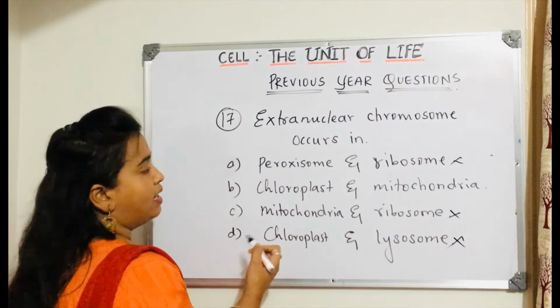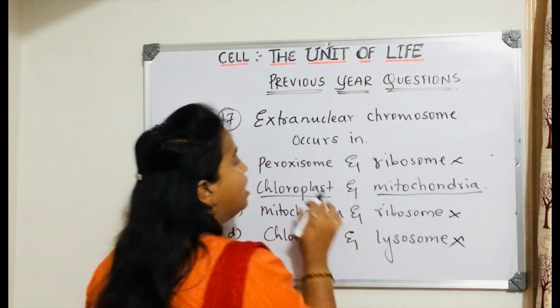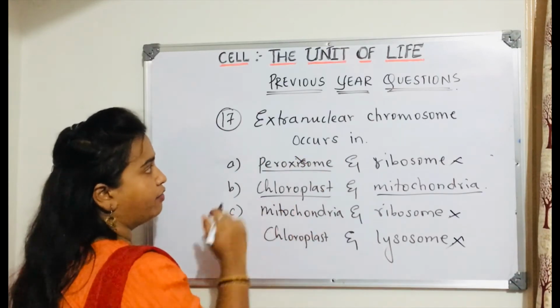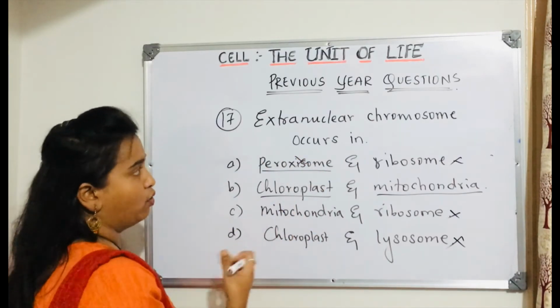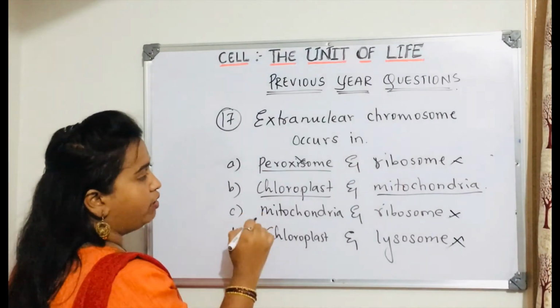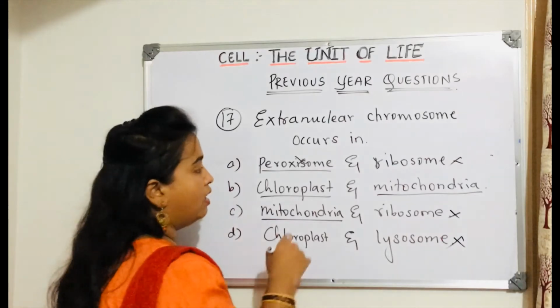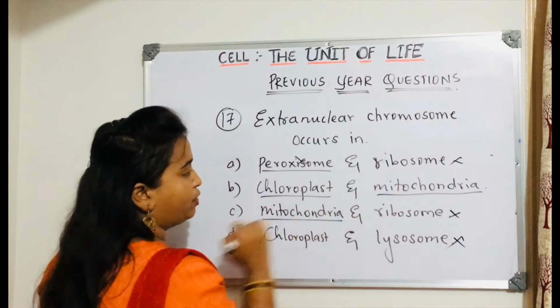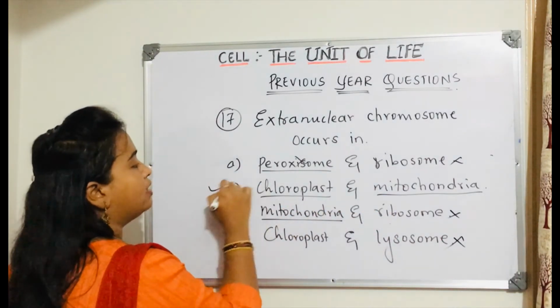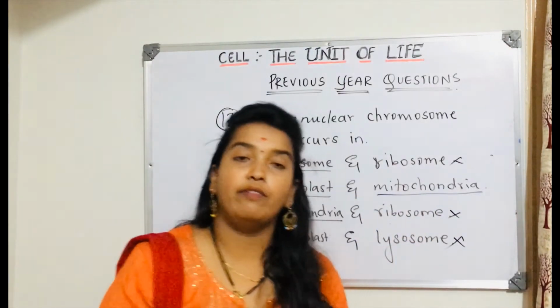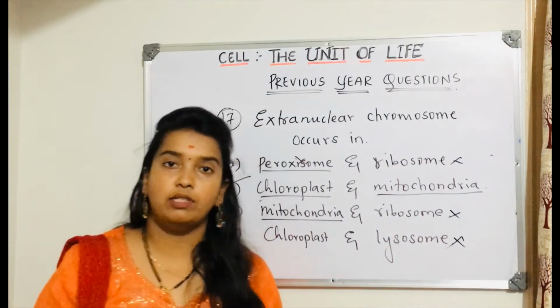What is remaining then? Chloroplast and mitochondria. Peroxisome will not have any kind of extranuclear chromosomes, so that is wrong. Mitochondria has its own DNA, but ribosome is also there in that option, so it cannot be the answer. The correct answer is chloroplast and mitochondria. That is why we call them semi-autonomous organelles.